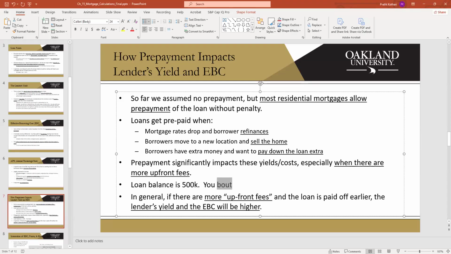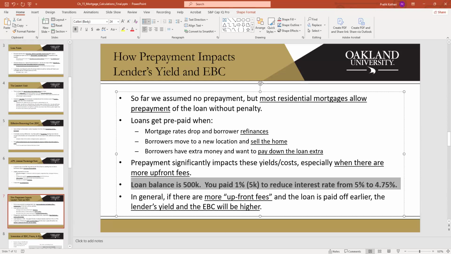You paid 1% of that balance, which is going to be 5K, to reduce the interest rate from 5% to 4.775%, right? That's the scenario.